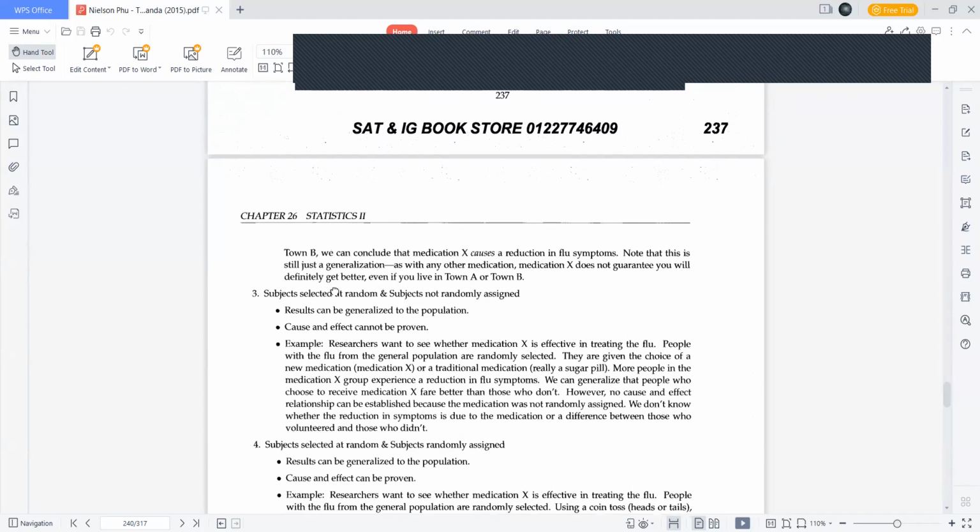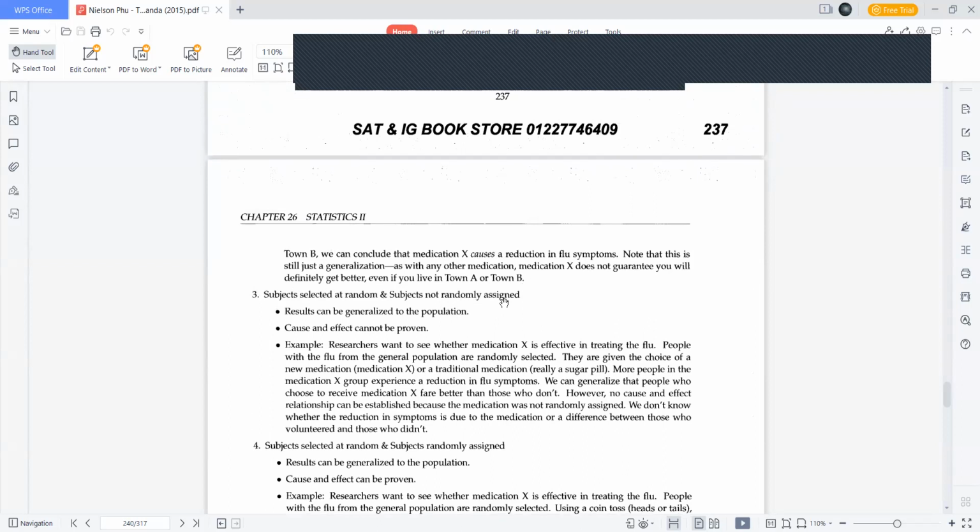Okay. Subject selected at random and subjects not randomly assigned. Results can be generalized to population. Cause and effect cannot be proven. Example, researchers want to see whether medication X is effective in treating the flu. People with the flu from the general population are randomly selected. They are given the choice of a new medication or a traditional medication.